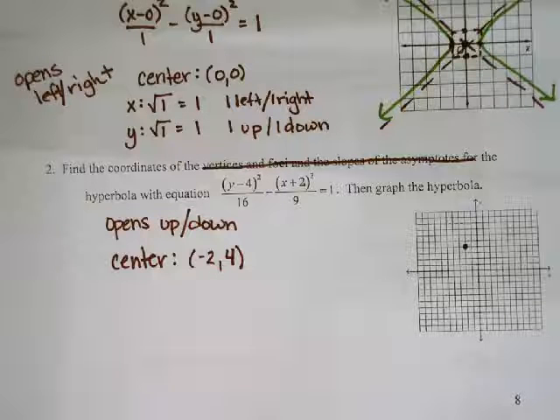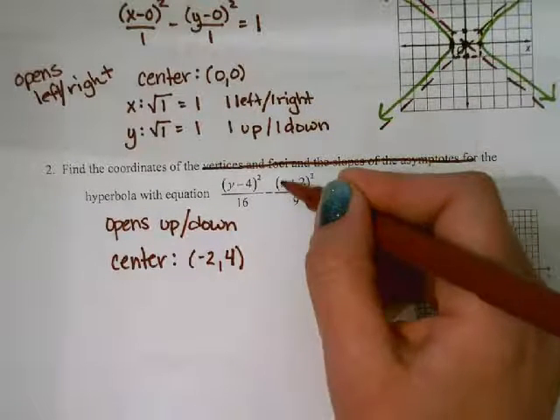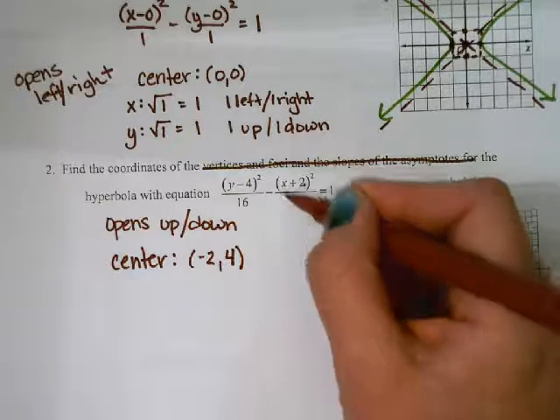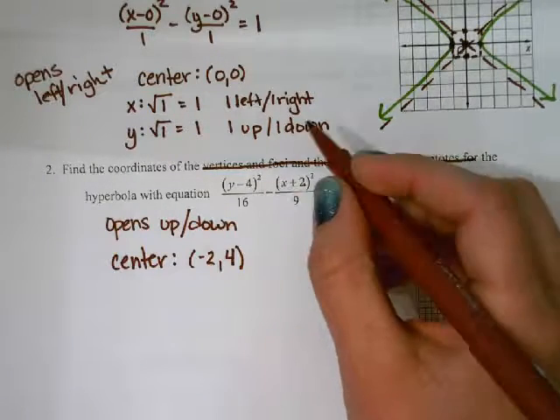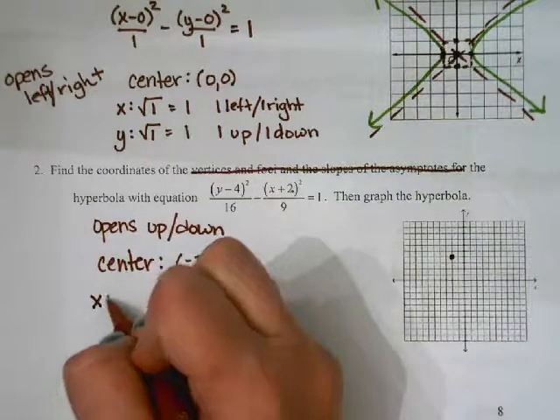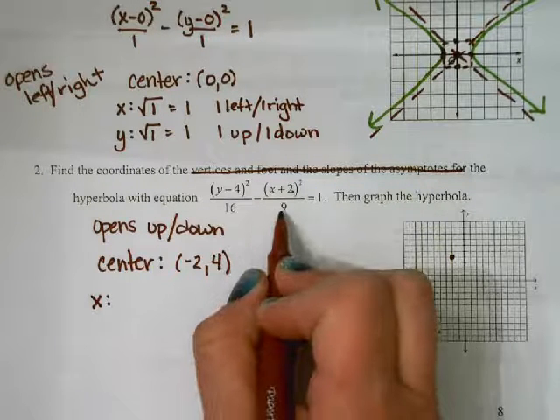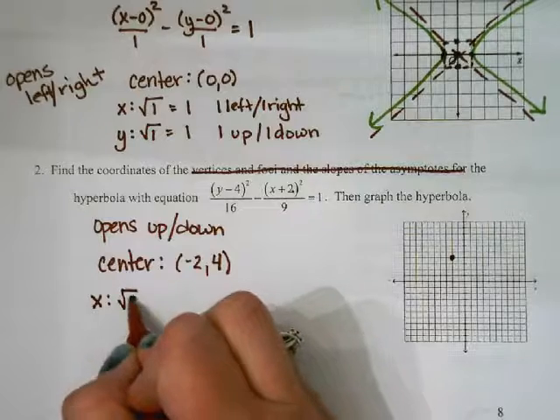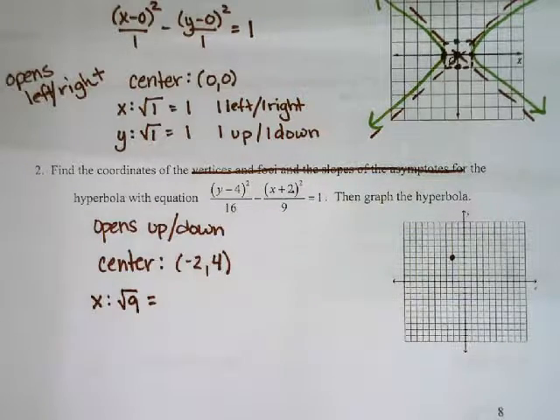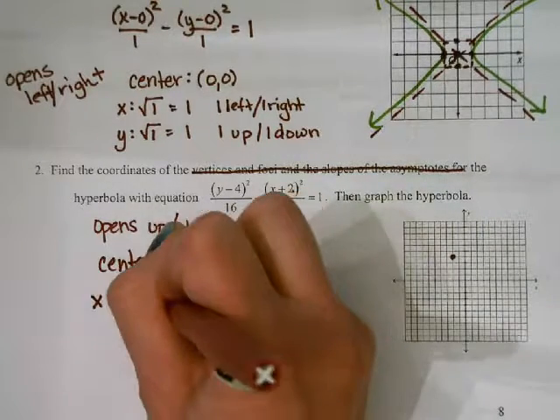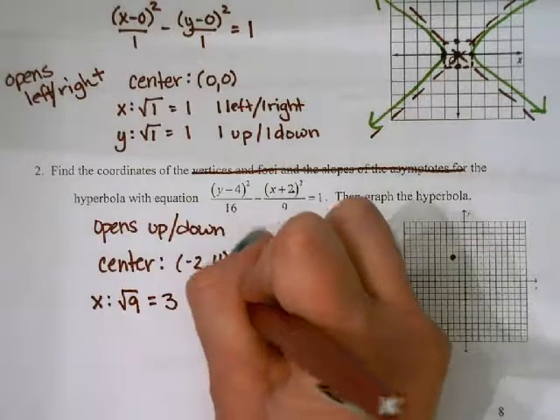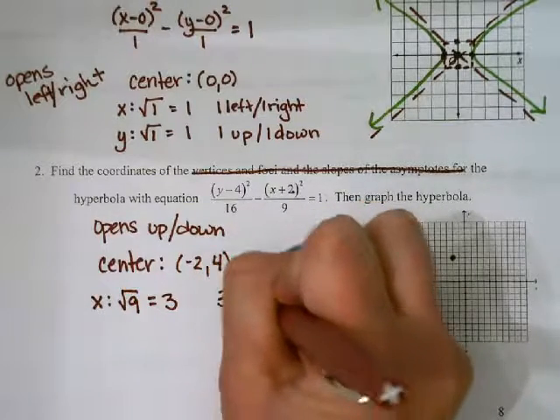This part also gets a little bit trickier because I have to look at the denominator for the x. So to figure out how to draw my box in the x direction, I have to look at the denominator under the x. So the denominator under the x is 9. I'm going to take the square root of 9. So I'm going to go 3 left, 3 right.